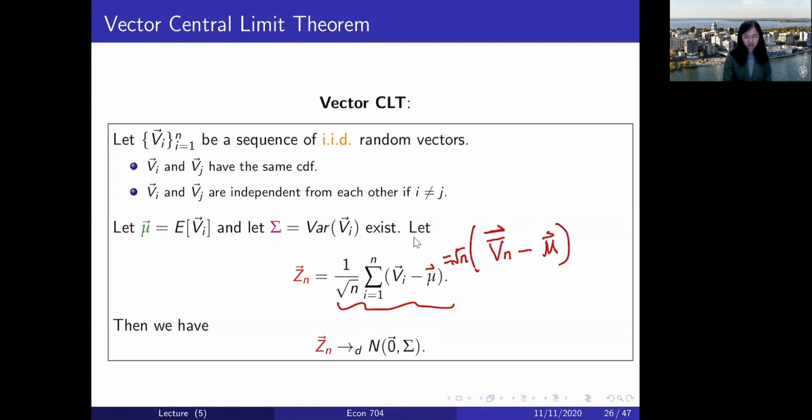So that's root n times Vn bar minus mu: square root n times the sample average of V minus the population expectation of V. And that is analogous to the quantity we apply the scalar central limit theorem on. And the vector central limit theorem says that this random vector converges in distribution to a normal random vector with mean 0 and variance covariance matrix sigma. So that is the vector central limit theorem.